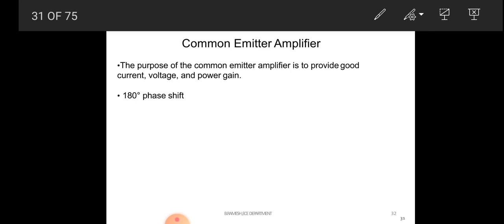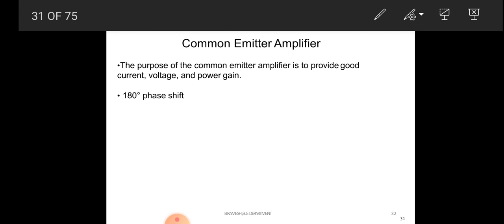So, common emitter amplifier means the input current is amplified at the collector terminal. The input current is the IB current, which is amplified into the output current, called the collector current.